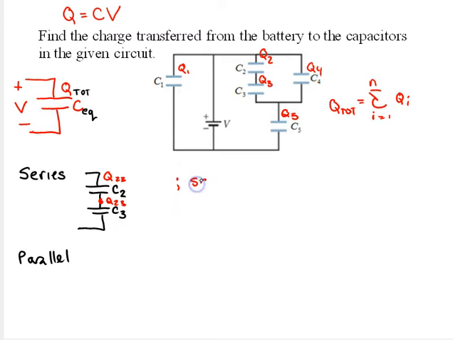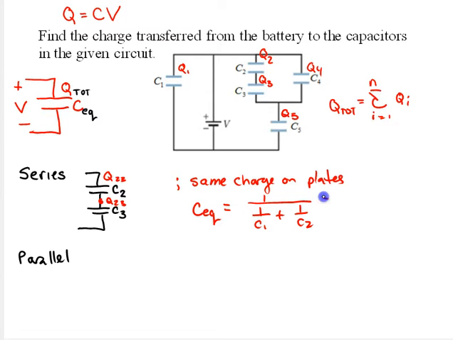So series, same charge on the plates. When we combine capacitors in series, our relationship is that the equivalent capacitance is equal to 1 over 1 over C1 plus 1 over C2, or it's equal to C1 times C2 divided by C1 plus C2.